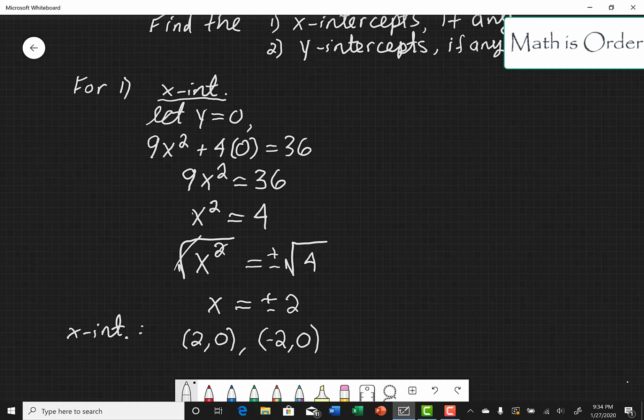And then, how to find the y-intercept. It's similar to finding the x-intercept, but in this case, we're going to let x be 0 in the equation and solve the equation for y. So letting x be 0 in the equation, that means everywhere I see x in the equation, I put 0.